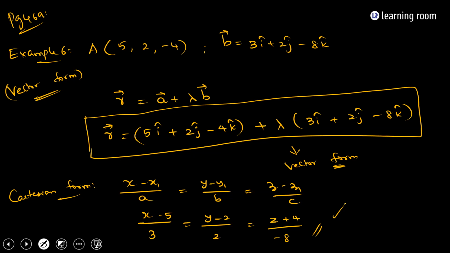Sir, I have a doubt. Sir, even if it was direction cosines, the equation would be the same, right? I'm saying they cannot be direction cosines. They either have to be direction ratios or direction cosines. I tried to explain to you when it will be direction cosine and when direction ratio. In this case, it is direction ratios, because 3, 2, and minus 8 are such that 3 square plus 2 square plus 8 square is not giving you 1.